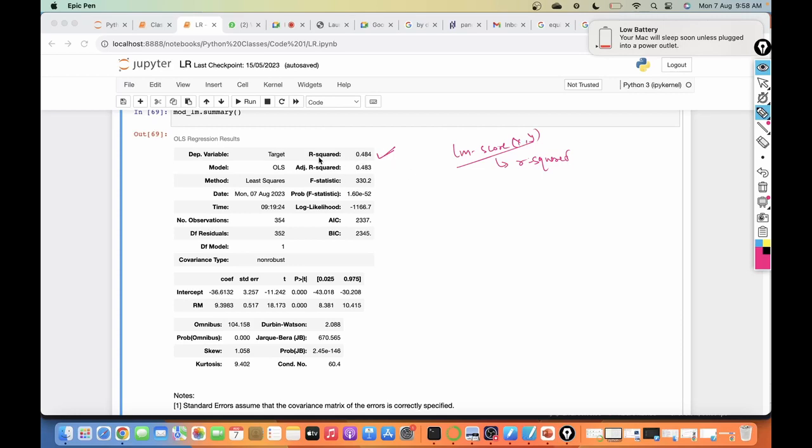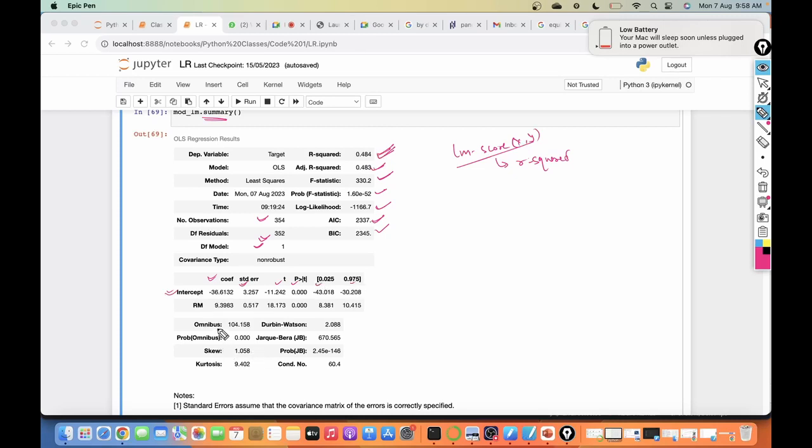Now here we are getting the summary with the r squared, adjusted r squared, F-statistic, probability of F-statistic, log-likelihood, AIC, BIC, degrees of freedom of residuals, number of observations, model degrees of freedom, time, date, method. In the coefficients of each variable, standard error, t value, probability value of all those things.